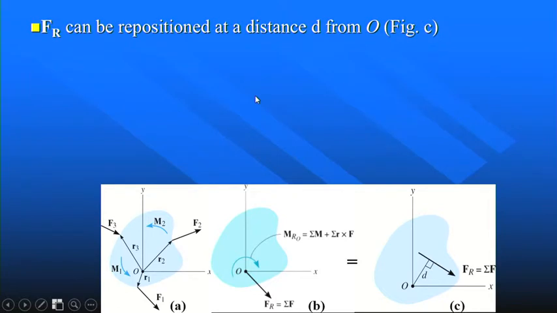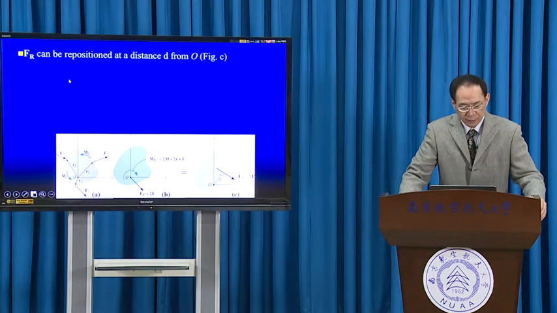Now, can we make further reduction of this case? Fr can be repositioned at a distance d from O, as shown in figure C. Can we do this? The answer is yes.